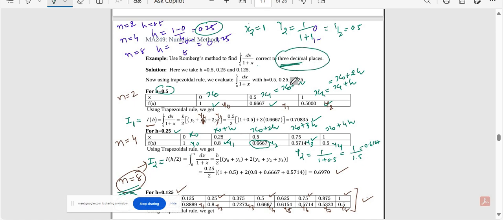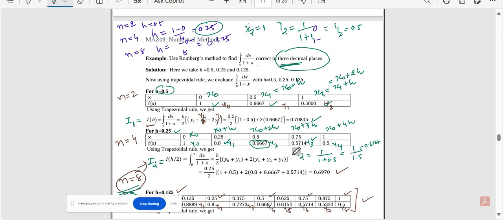And for our simplicity we go with the table. Sir, the more I values we find, the more precise the answer will be? Yes, very good, it is correct. If you go with more and more values, then your answer will be more precise.